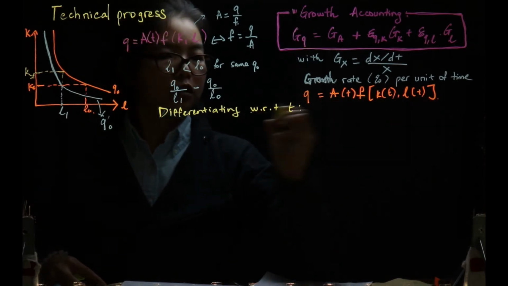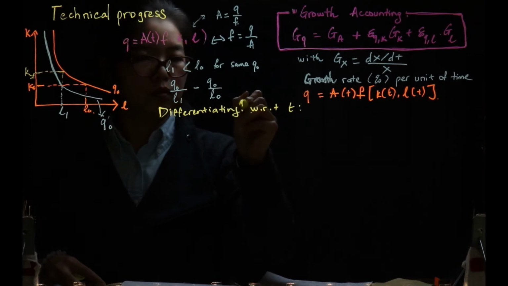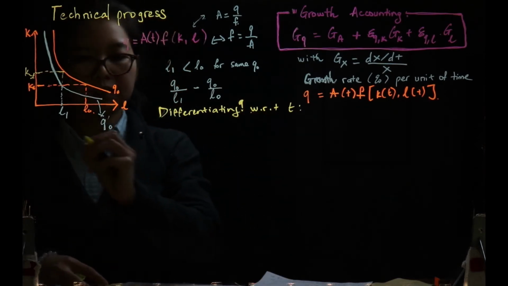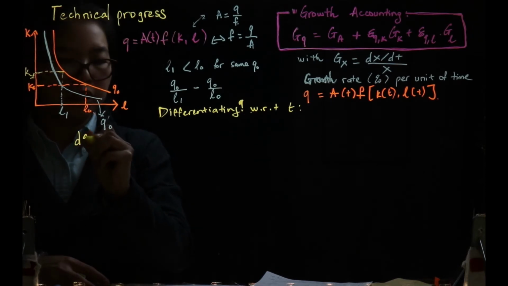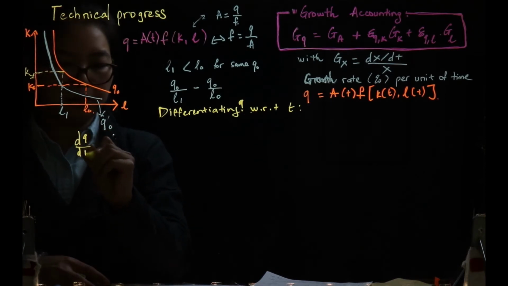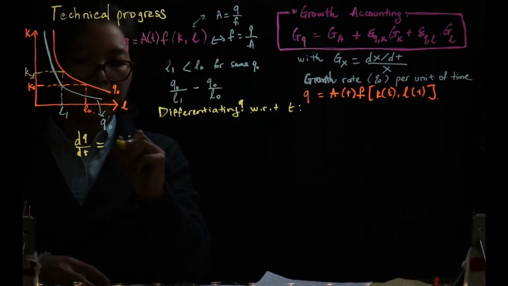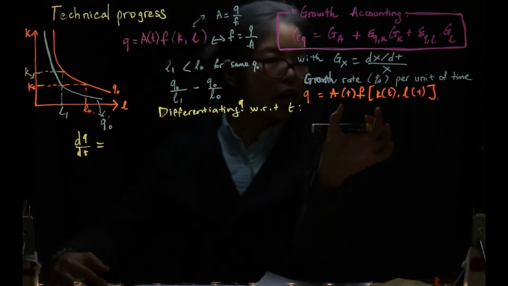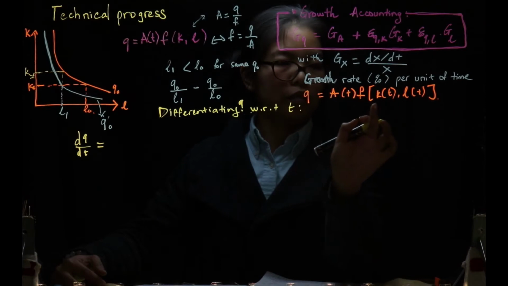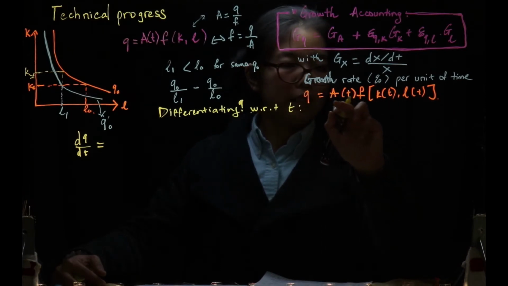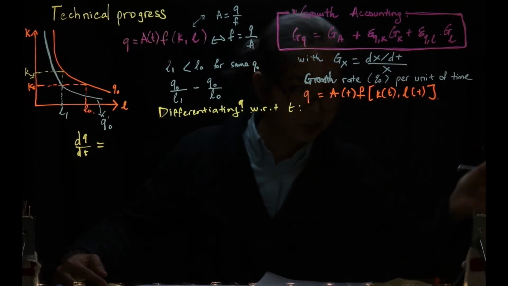Now differentiating Q, we would have dQ over dt on the left hand side, and on the right hand side, here is a product of two functions, right? The first function is A of t, the second function is the function F of some other functions of t.